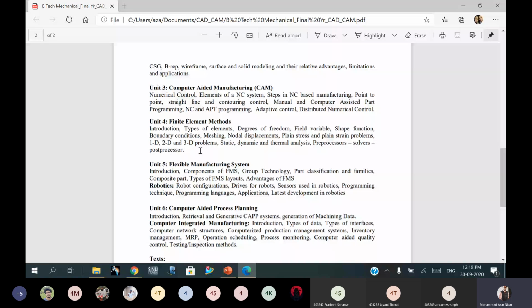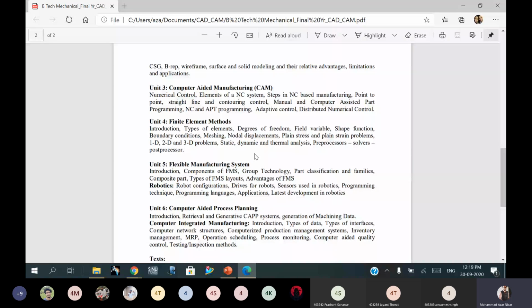So today we are going to start the finite element method. It is also called finite element analysis. In this topic, we will discuss the introductory part, what is FEM or FEA, what types of elements are involved, what are interpolation functions, what are shape functions, what are the boundary conditions, then nodal displacement, and problems over 1D, 2D, and 3D, that is axisymmetrical problems and all.